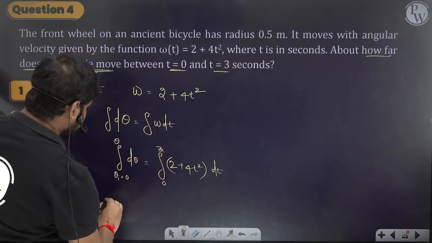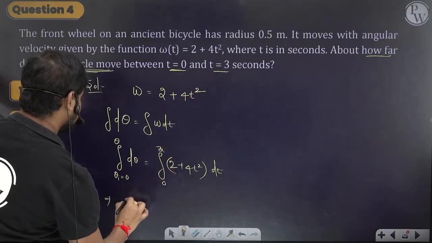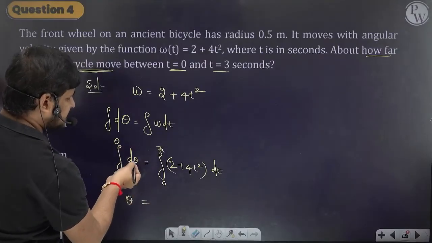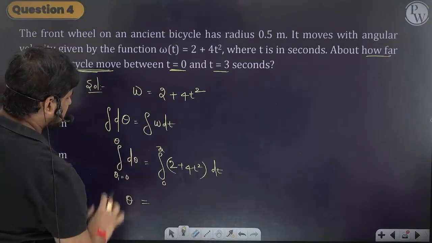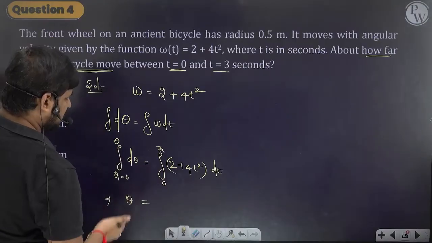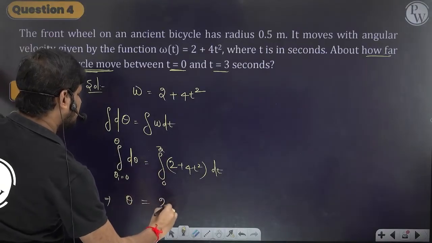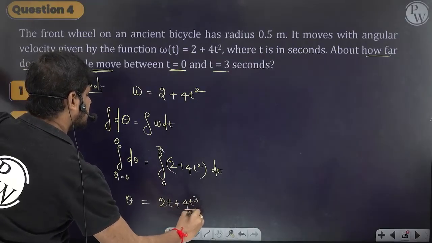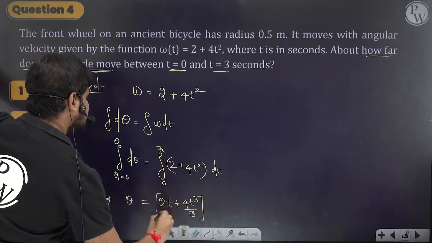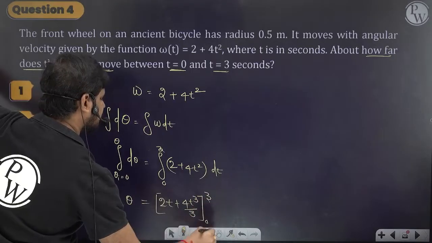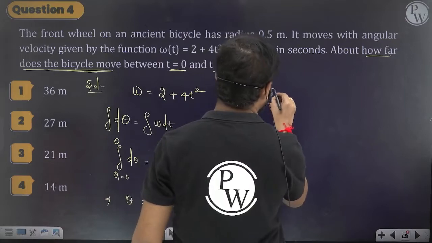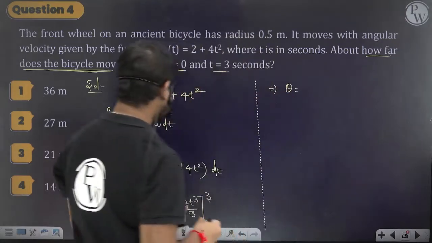Now theta minus 0 is theta, because the integration of d theta is theta, with upper limit theta and lower limit 0. So we get 2t plus 4t cube by 3, from 0 to 3. Now substitute the values.